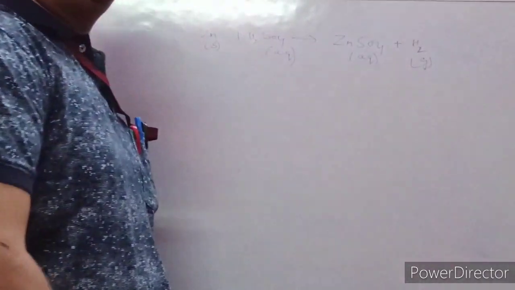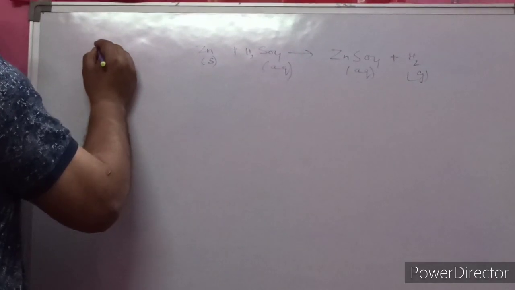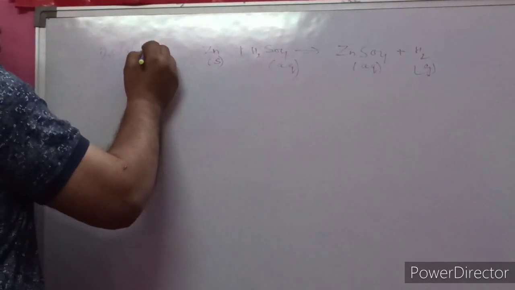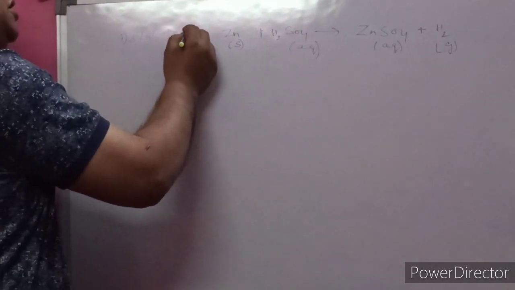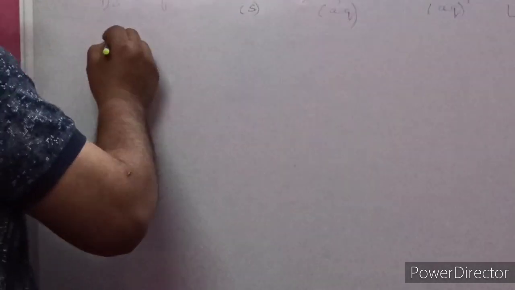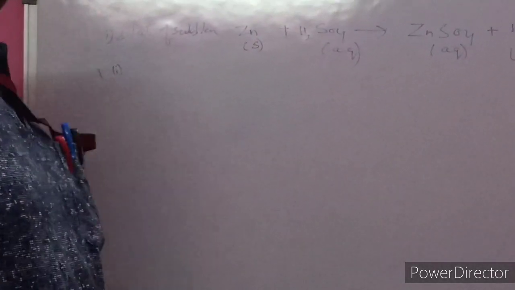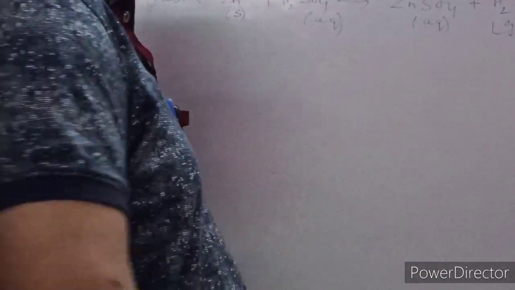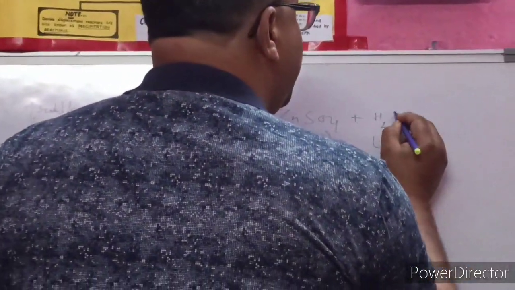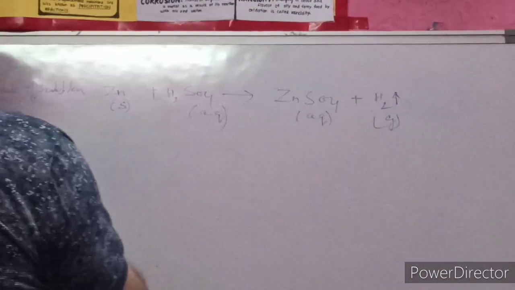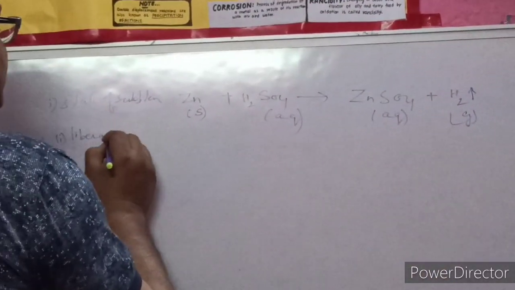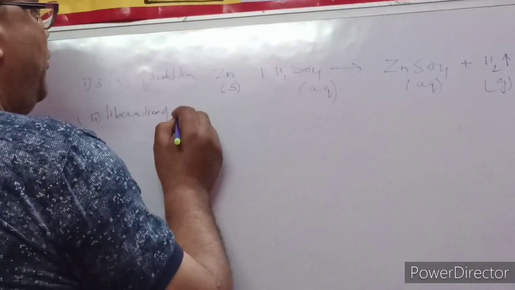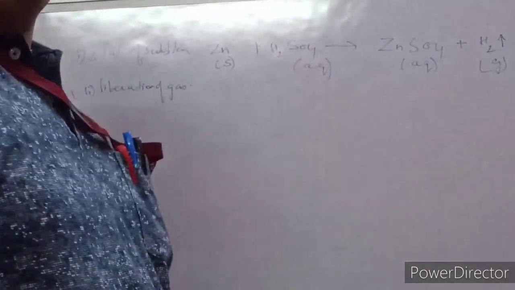So first we can know the state of the substances. Second, whether a gas is liberated or a precipitate is formed. Here hydrogen gas is liberated. This arrow indicates the liberation of gas. Is it clear?